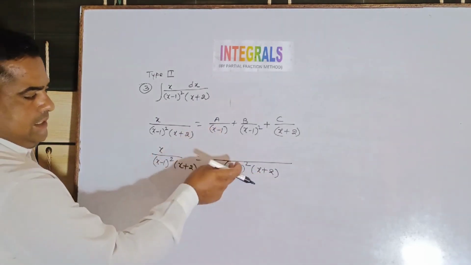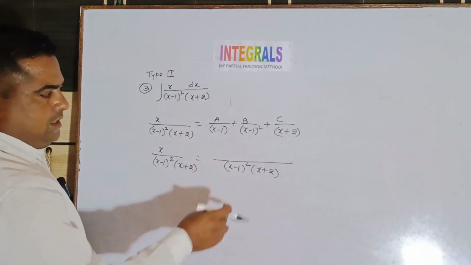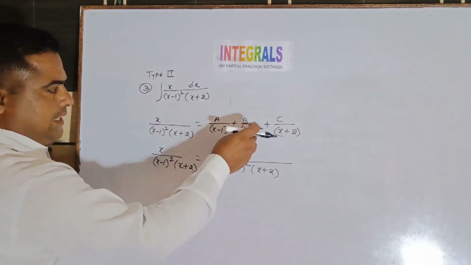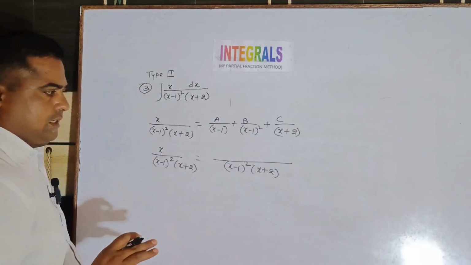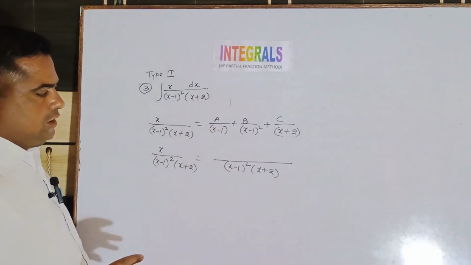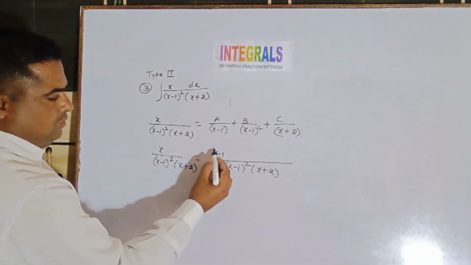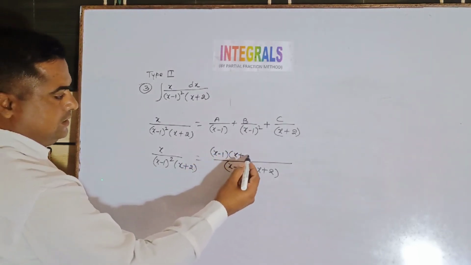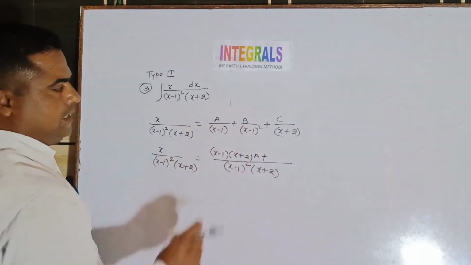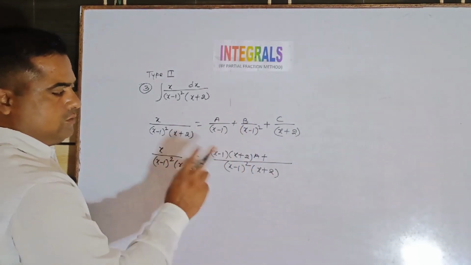Students, we can divide by x minus 1 in this denominator and x minus 1 whole square also. Now dividing by x minus 1 in this denominator, so we will get here x minus 1 and x plus 2 into a, plus dividing by x minus 1 whole square in this denominator.